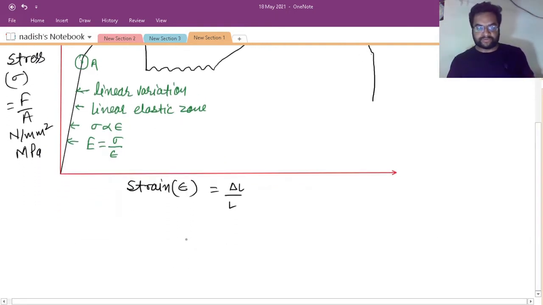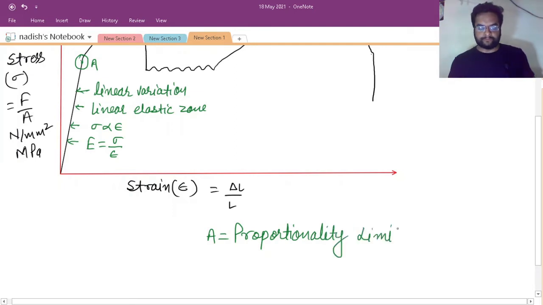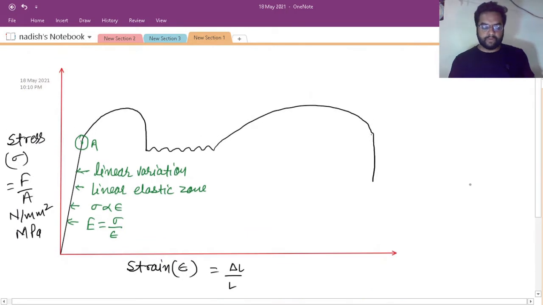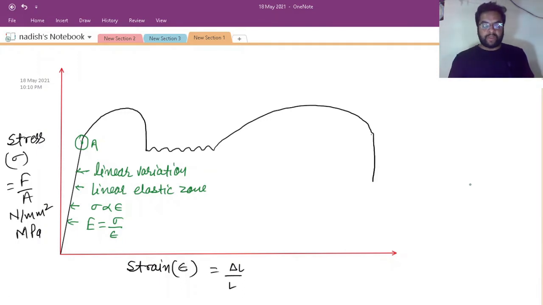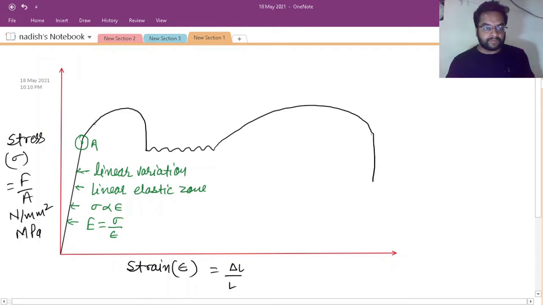So here I just write this: A is known as the proportionality limit. Then on further application of stress, our material reaches the elastic limit and we name it as point B. Up to this point, the material is elastic and this region is the non-linear elastic region.